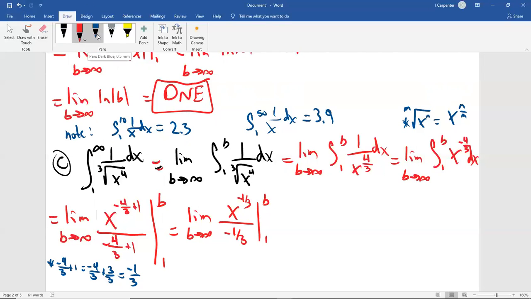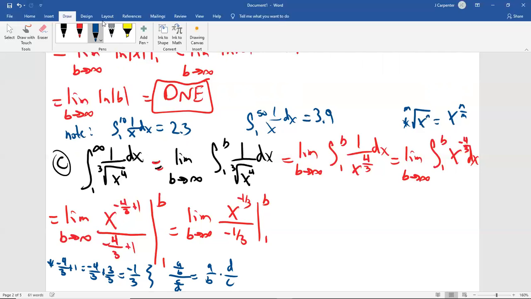Remember that dividing by a fraction is the same as multiplying by its reciprocal. In other words, a over b divided by c over d is the same thing as a over b times d over c.